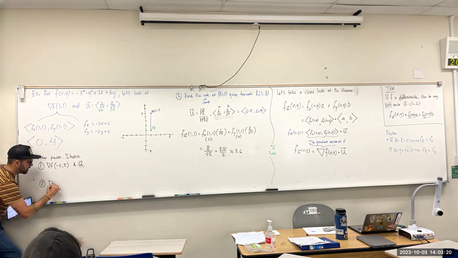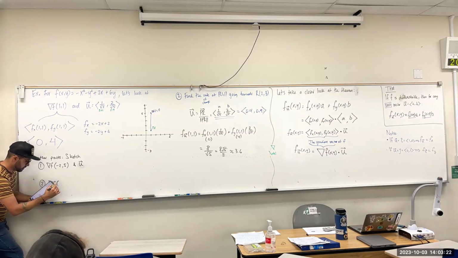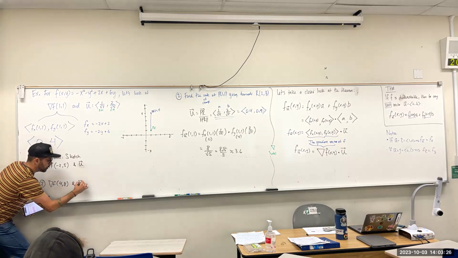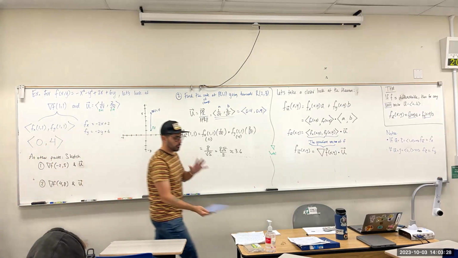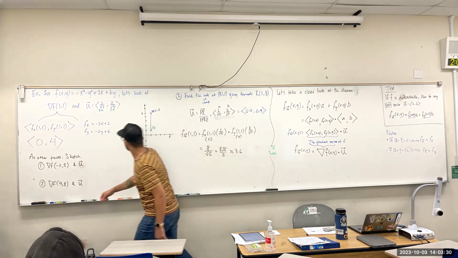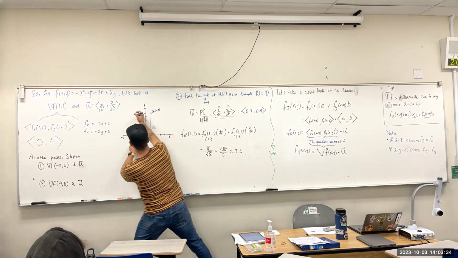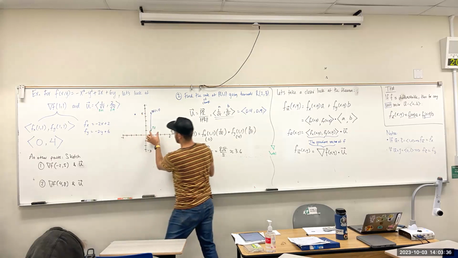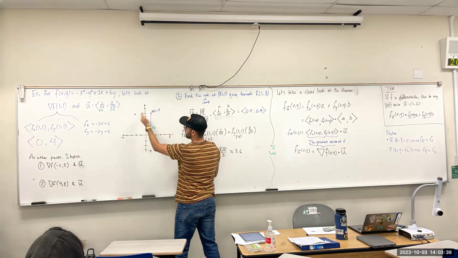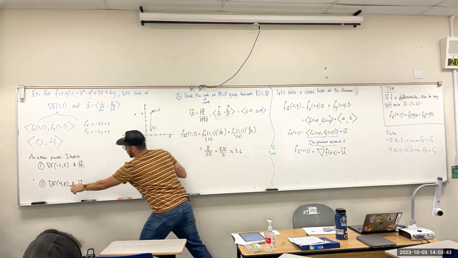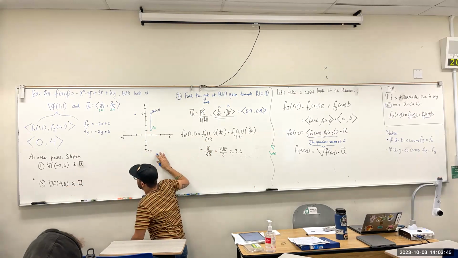And then do the gradient of f at the point 4, 8, and u as well. So you're going to do negative 2, comma 5. Do what we did here. Sketch the gradient and sketch u, with this being the initial point. And then do it for the point 4, comma 8.